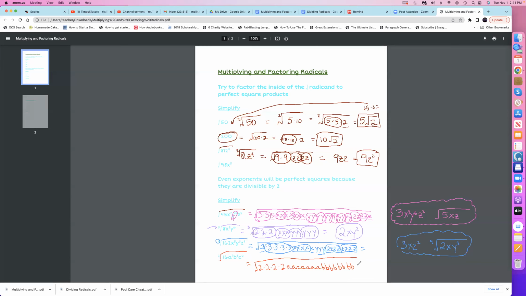And 6 c's. So I'm looking for groups of 3 because my root index is 3. It tells me I need groups of 3 before I can come out of the radical sign.